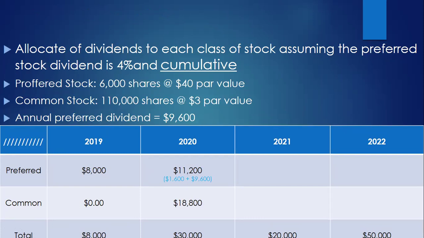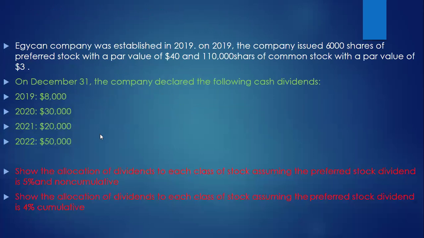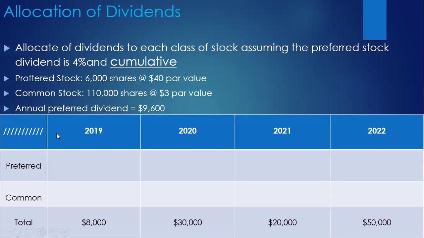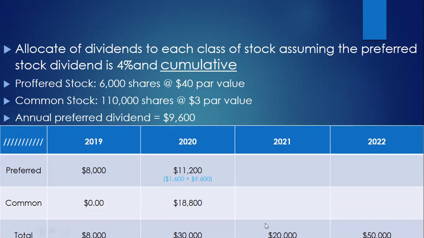Okay, so let's take the next one. The next year, we have 20,000. So let's do it here. You can think about it for now. 20,000 here. Nothing has been owed to them. So these people they are owed none for this year.